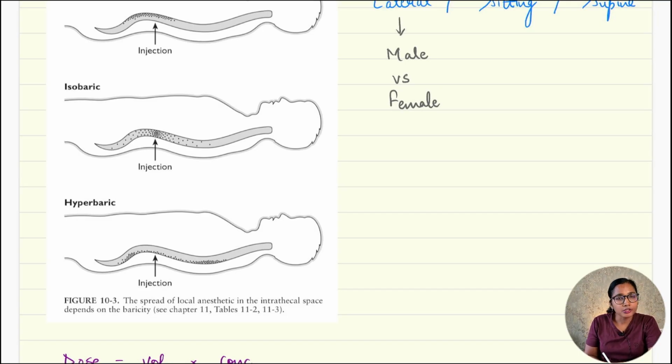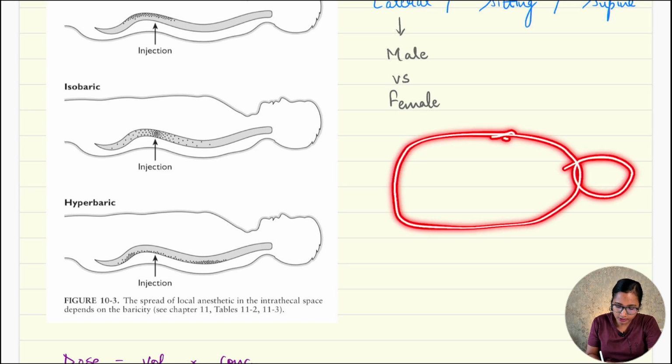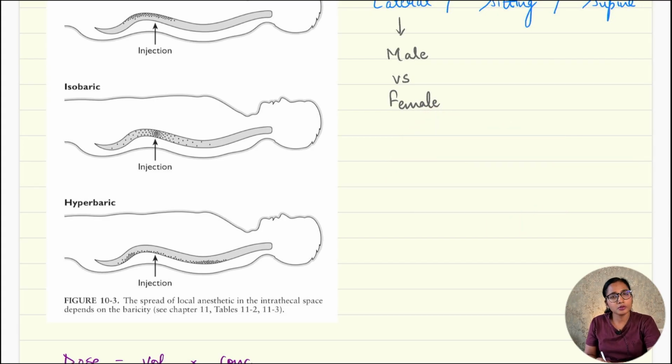Then, suppose a patient has a unilateral fracture and is not able to sit or lie, and this is the fracture site. Giving an isobaric drug will help attain a unilateral block on the site of the fracture.